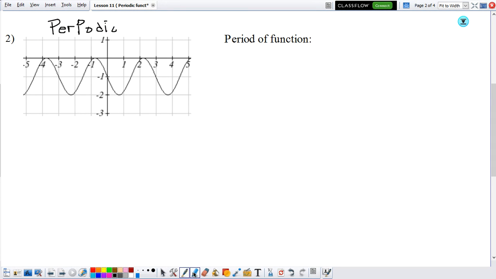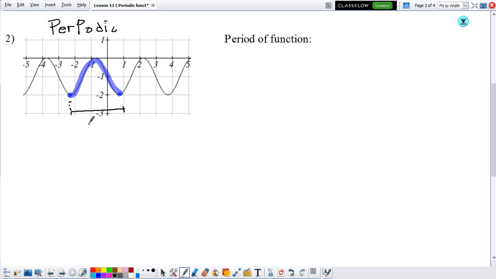Because this is periodic, we can find out what the period is. The easiest way to find it is to locate two low points and see how long it takes to get from that low point to the next low point. So let's estimate here. Let's say that this is close to -2 and this is close to 1.